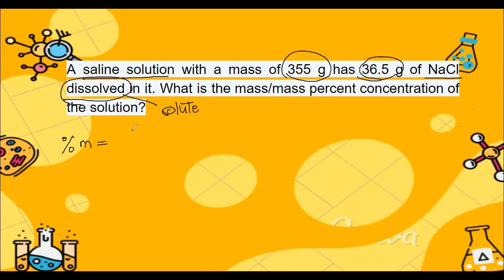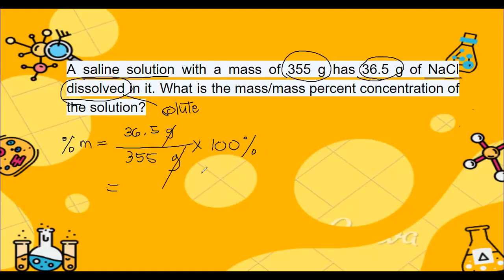So the mass of solute is 36.5 grams divided by our mass of solution, which is 355 grams, multiplied by 100%. Okay. Cancel out the same unit.